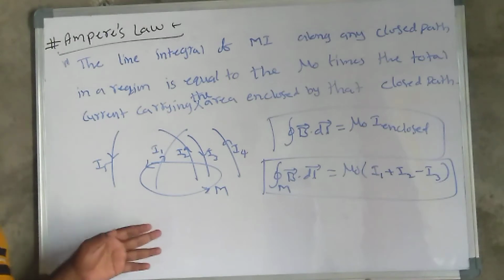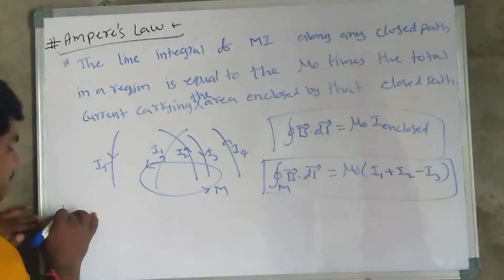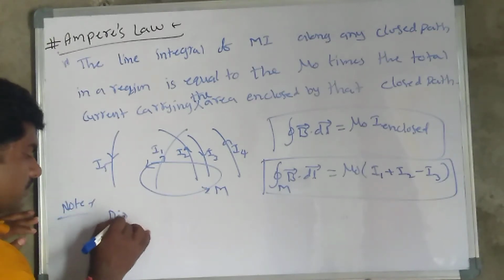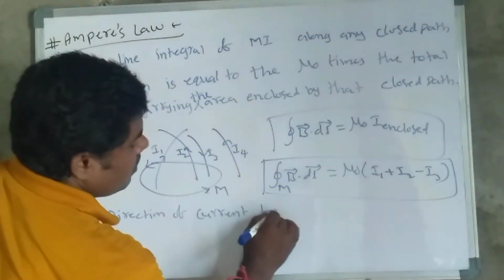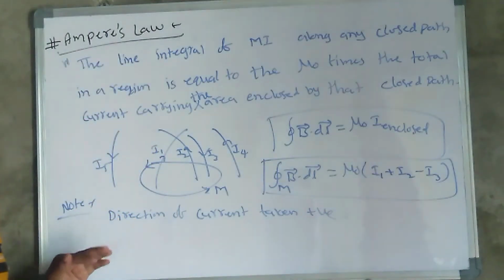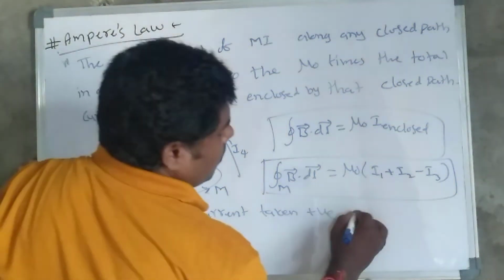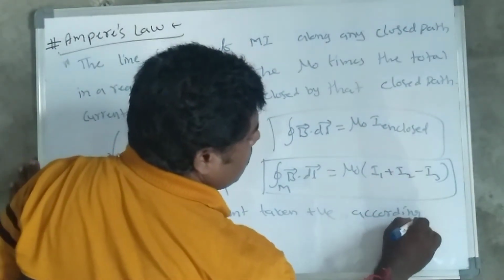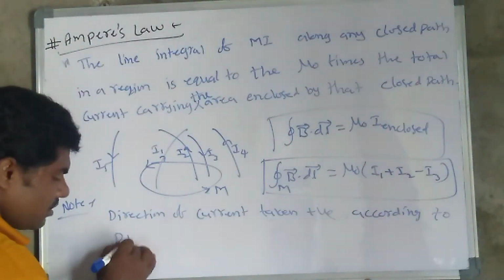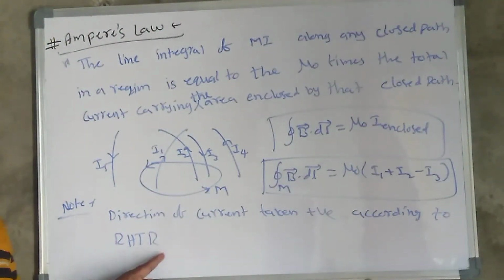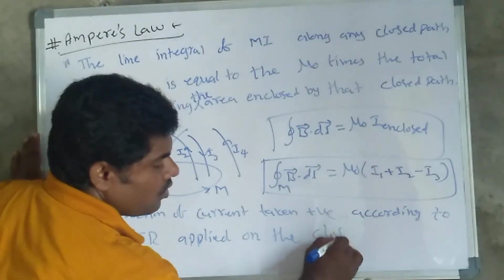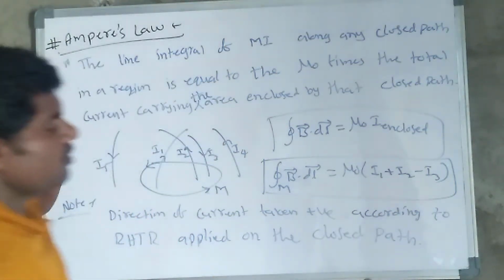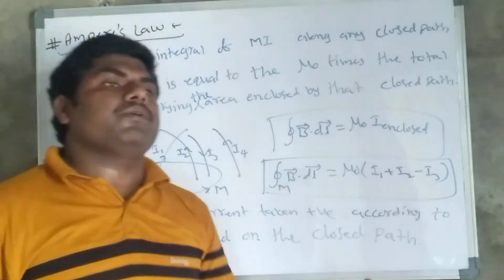The most important point to note here: the direction of current is taken positive according to the right hand thumb rule, RHTR, applied on the closed path. That's why here I3 is negative.